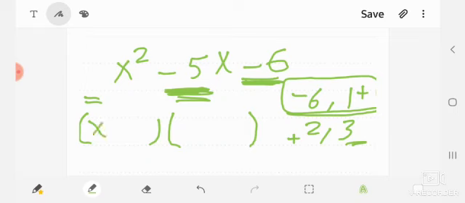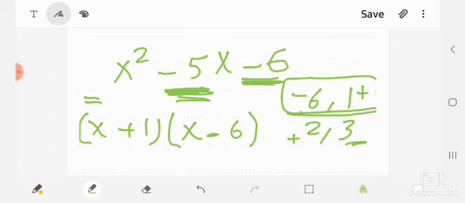We put x here and x here, and then we put one sign positive and one negative. The negative goes with 6 and the positive goes with 1.